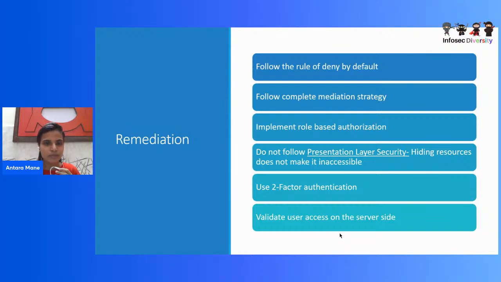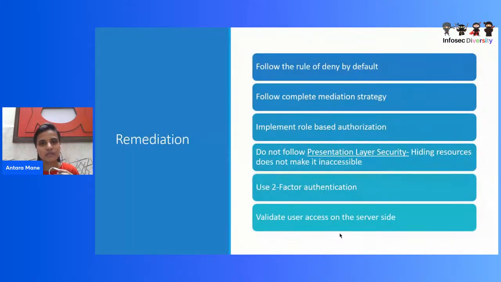So, how would you remediate broken access control in the real world? You should follow the rule of deny by default, right? Follow the complete mediation strategy and implement role based authorization. Do not rely on the presentation layer, because hiding resources does not make them inaccessible.